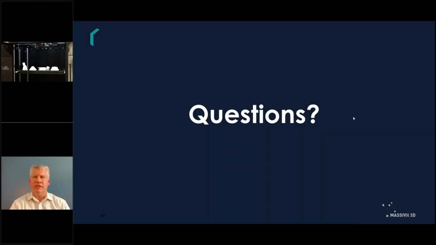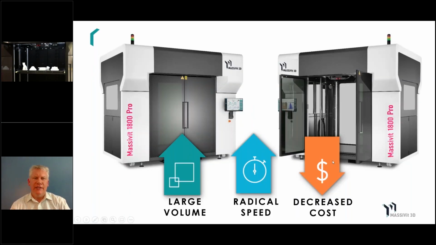Okay, I really appreciate being able to talk with everyone and share with everyone what has gone on with Massivit, the technology, and how the printers are being used. Now, what we've seen is that large volume parts can be much more useful than having to compromise for small parts or bonding parts together to get larger pieces. The savings in time decreases your cost.